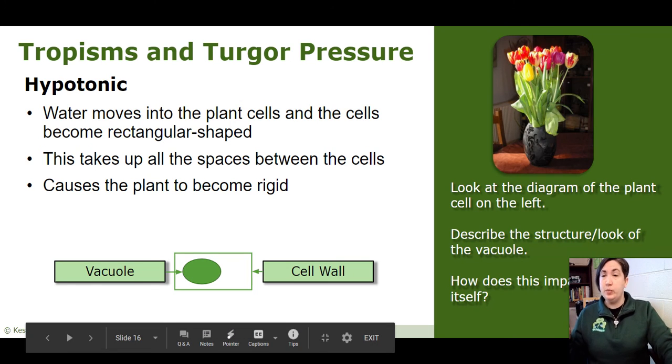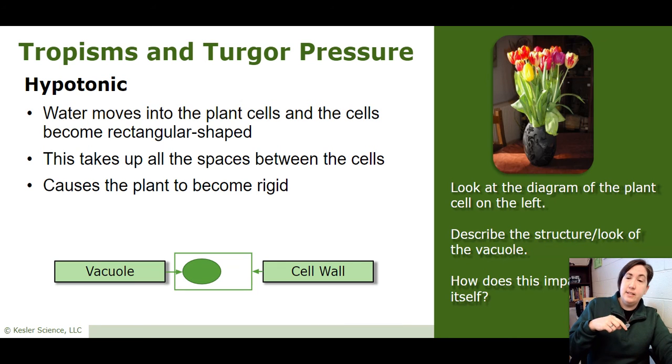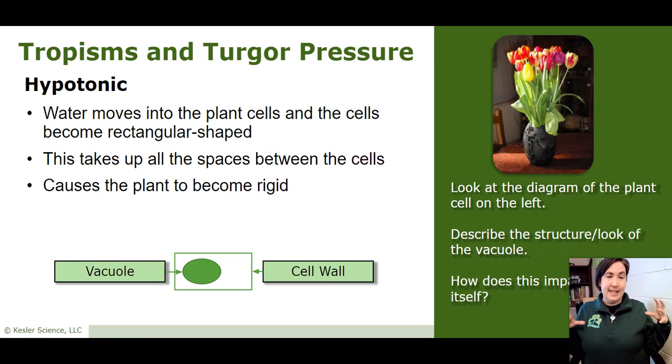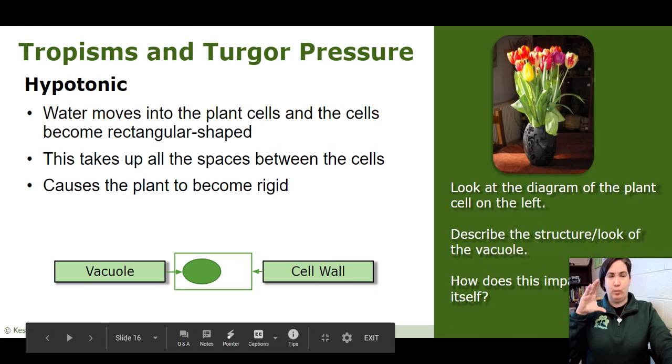Hypotonic. So this is when water is moving into the cells, and we have lots of firmness inside those plant cells, inside the cell wall. So the plant becomes rigid because there's lots of water holding that cell open.